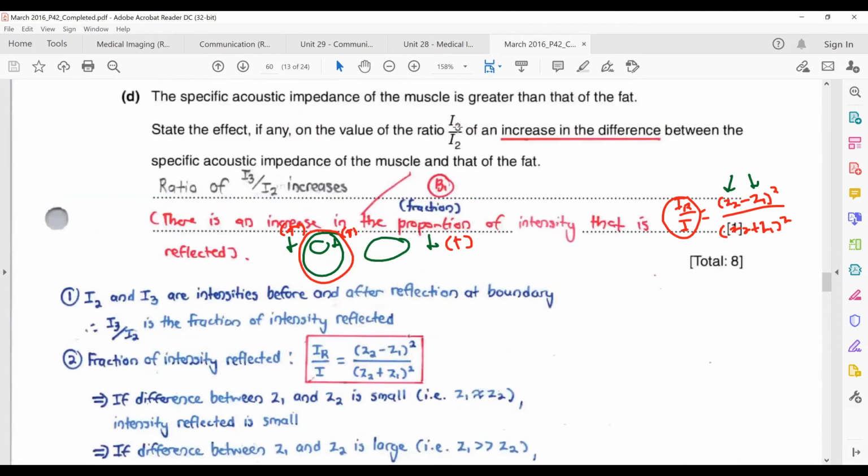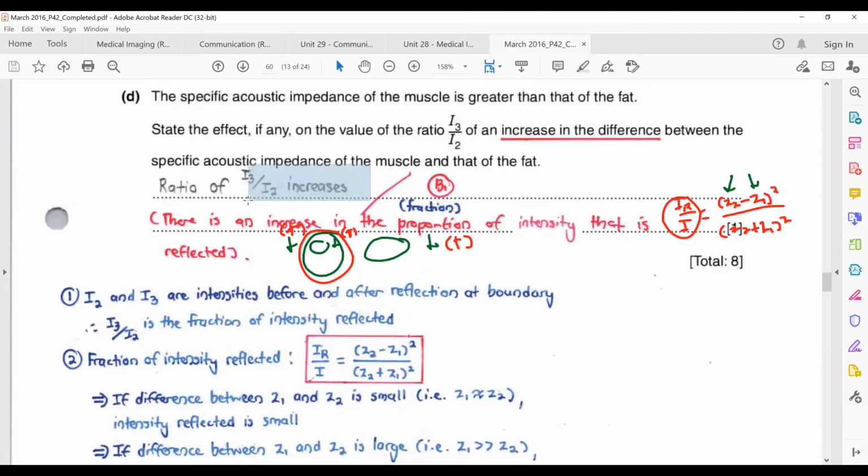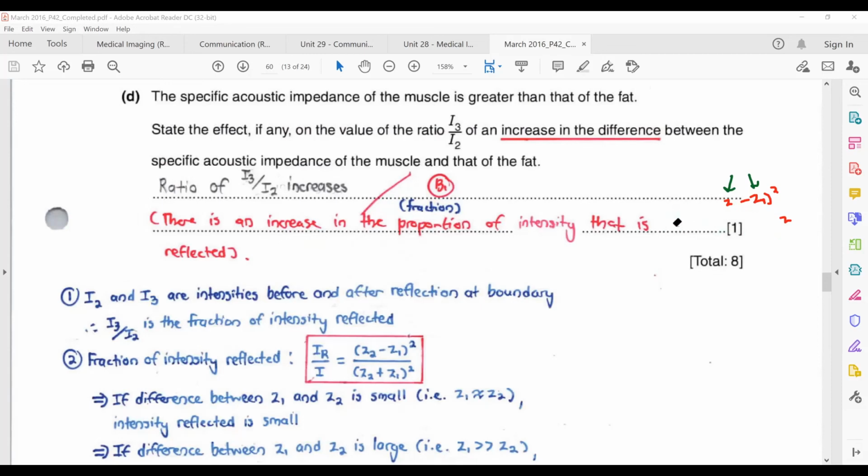And I3 over I2 being the fractional intensity reflected, you will be able to say that the ratio of I3 over I2 will actually increase. So that is one thing here that you need to get. You have to understand that I3 over I2 is actually the fraction of intensity reflected.